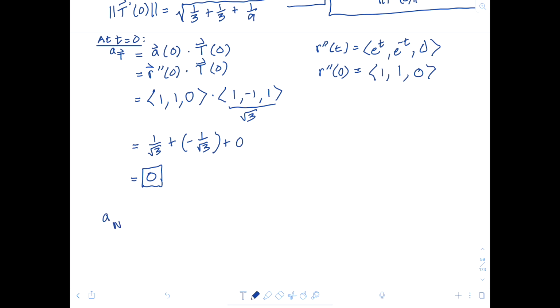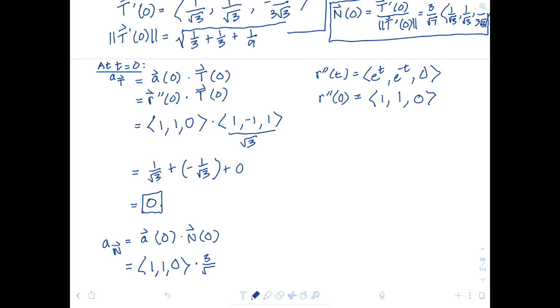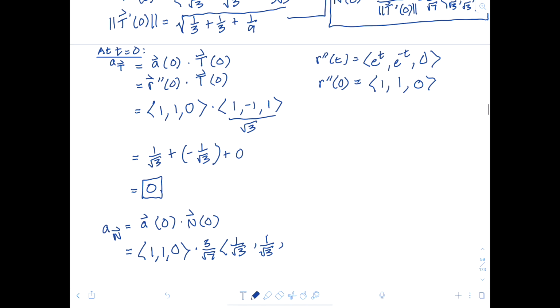Our A sub N will be, remember that was A at 0 dot N at 0. So we found that A at 0 was 1, 1, 0 dot N at 0 was a little messier. 3 over root 7 times 1 over root 3, 1 over root 3, and negative 1 over 3 root 3.